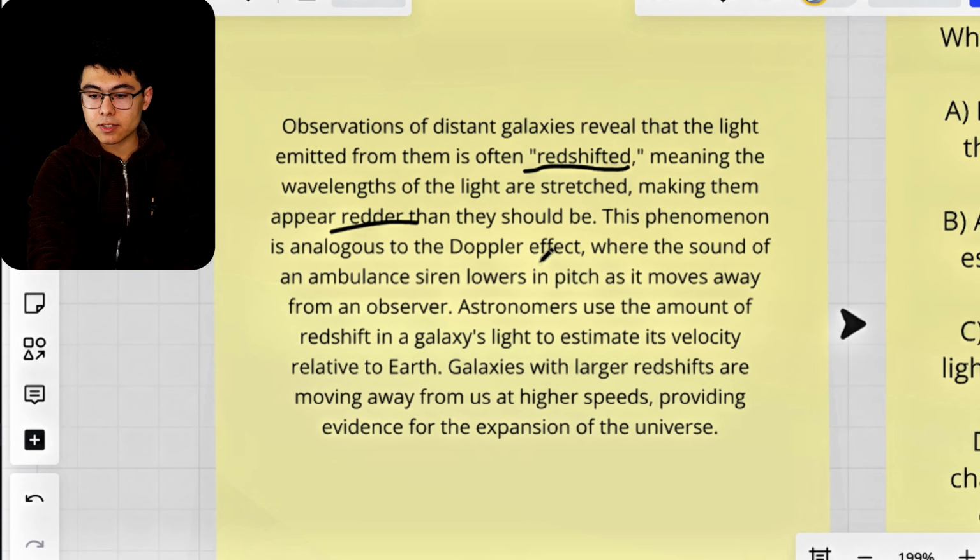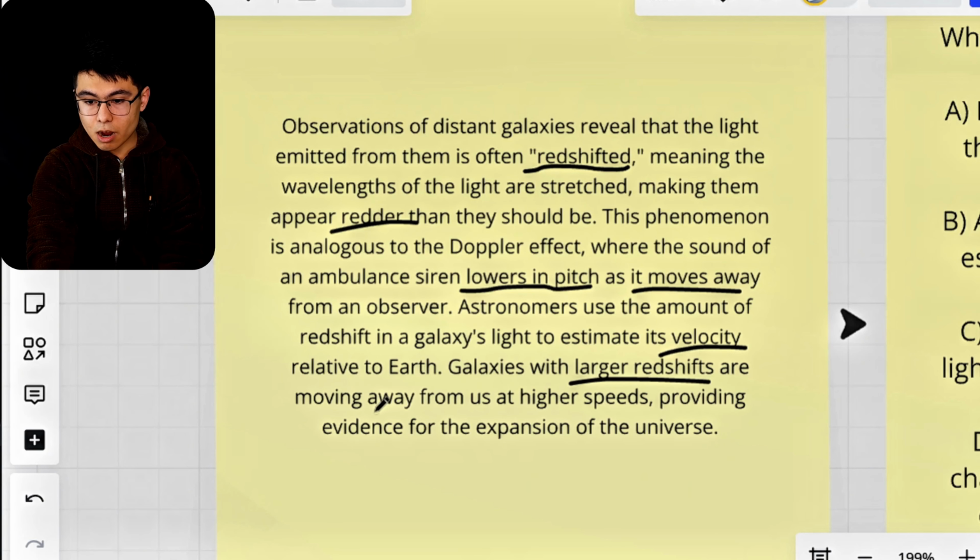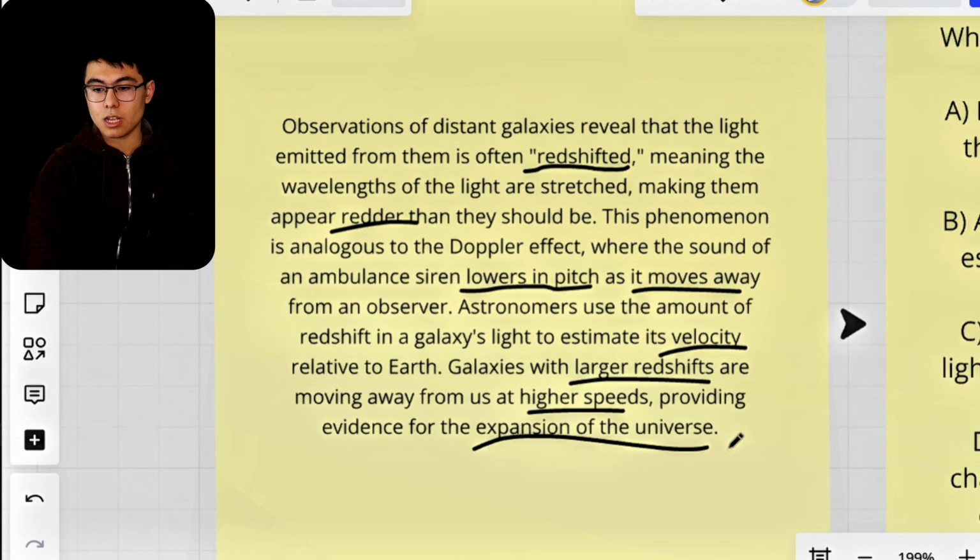There's also the Doppler effect, where the sound of an ambulance siren lowers in pitch as it moves away from an observer. Astronomers use the amount of redshift in a galaxy's light to estimate its velocity relative to Earth. Galaxies with larger redshifts are moving away from us at higher speeds, providing evidence for the expansion of the universe.